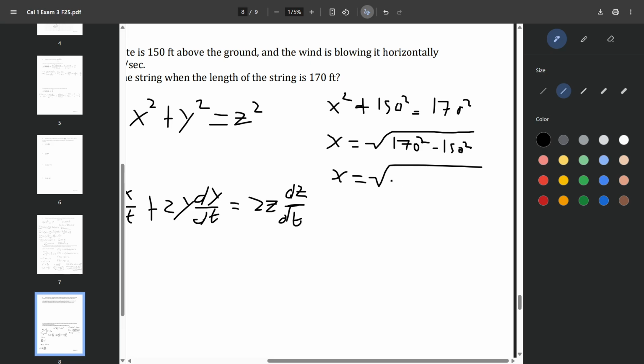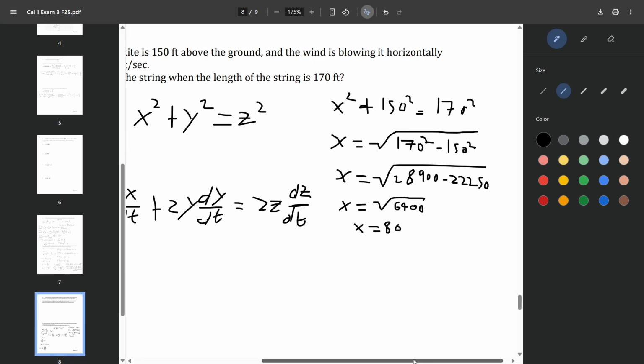That will be 28,900 minus 22,500. It'll be equal to that, and then we just have to solve, and we'll get the root of 6,400, which equals 80.